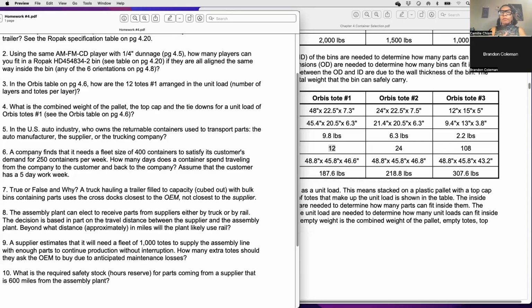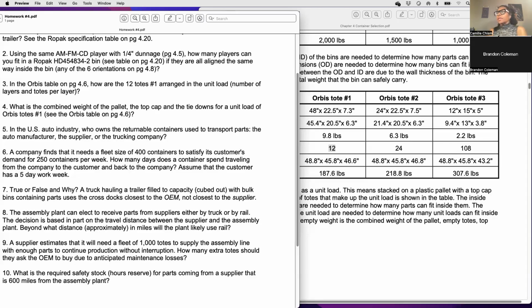You've got every pallet space filled up. That's when it's cubed out. And you've got bulk bins containing parts that use the cross dock closer to the OEM, not closer to the supplier. So a truck hauling a trailer filled to capacity with bulk bins containing parts uses the cross docks closest to the OEM, not closest to the supplier. So is that true or false?